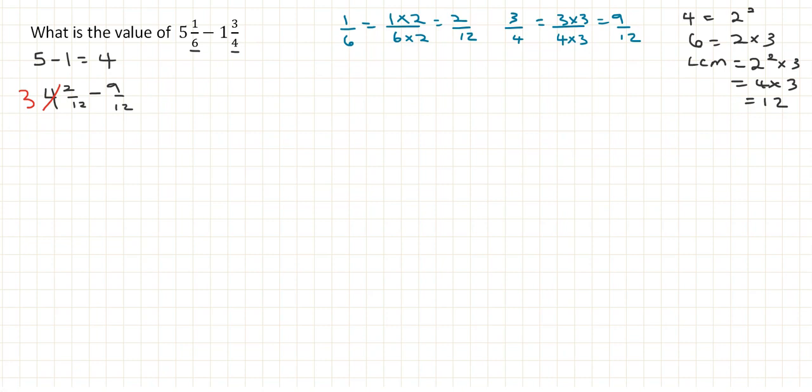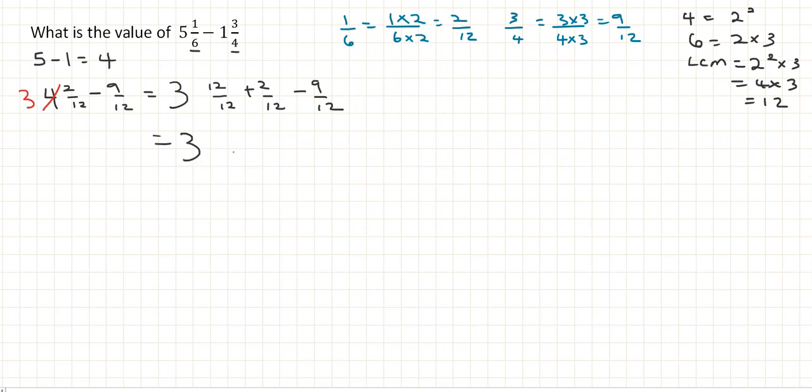So what happens with that 1 that we take? We now have 3 here. That 1 that we get becomes 12/12 plus 2/12 minus 9/12. So now we have all the denominators the same. So let's work with the numerators.